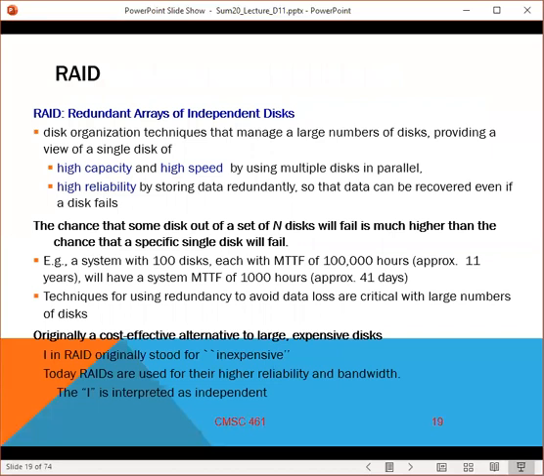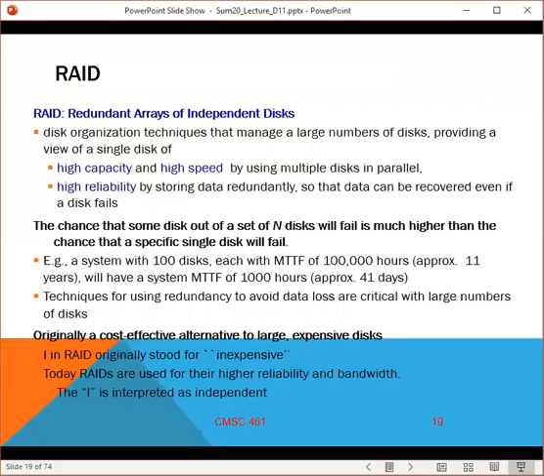So another approach to improve the redundancy and the robustness of disks, and also improve their performance, is RAID. And this was developed in 1987 at UC Berkeley by Patterson, Gibson, and Katz.